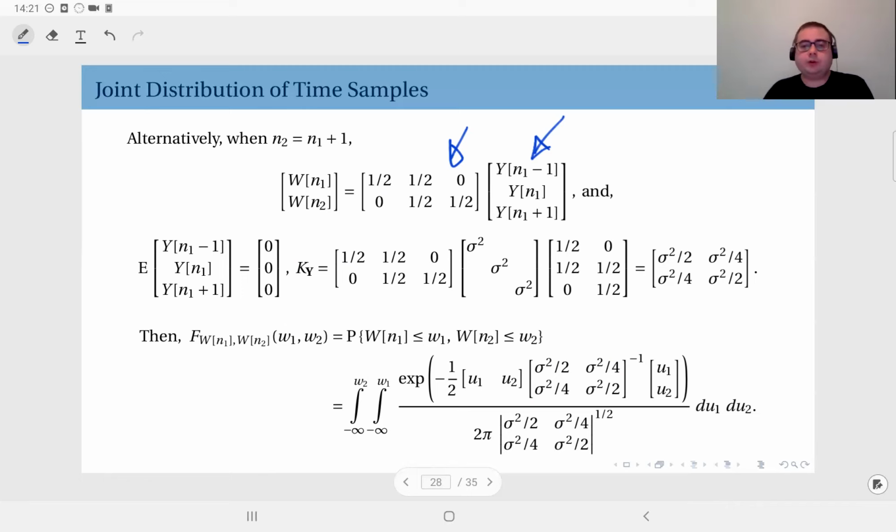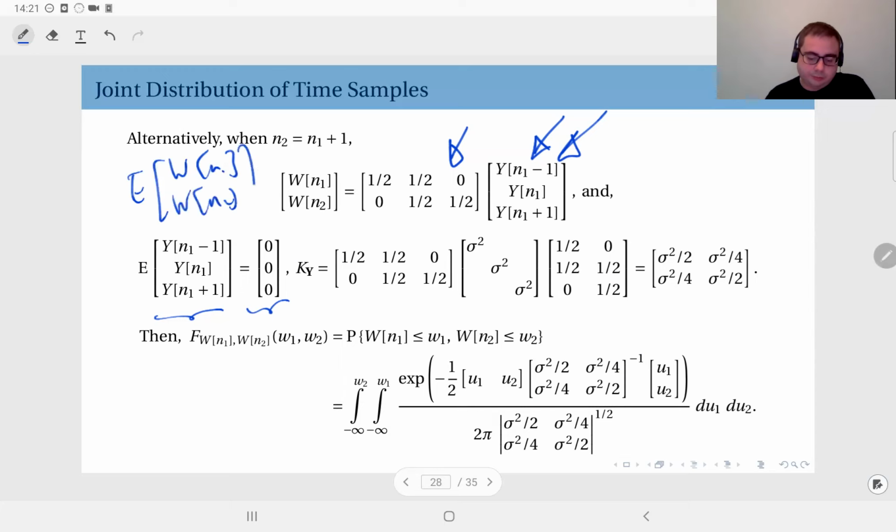When you have this linear combination, of course, we know that we can write the expected value in this way. Since all the means of these observations, y of n's, are 0, the means of w will also be 0. And therefore, the expected value of Wn1, Wn2 is 0.